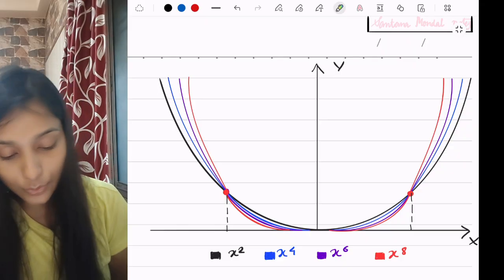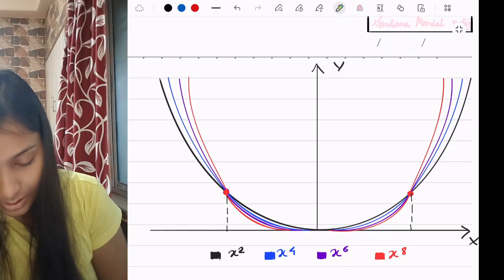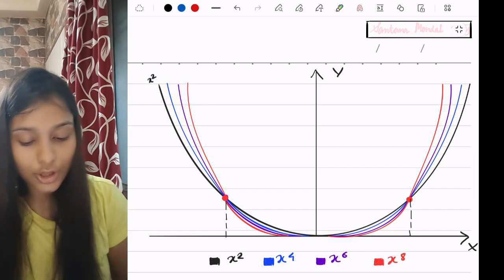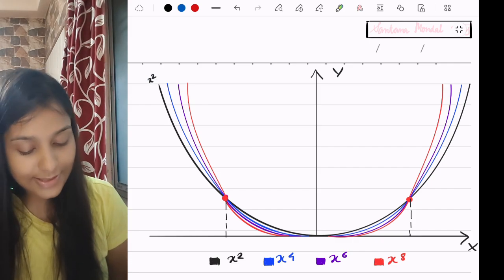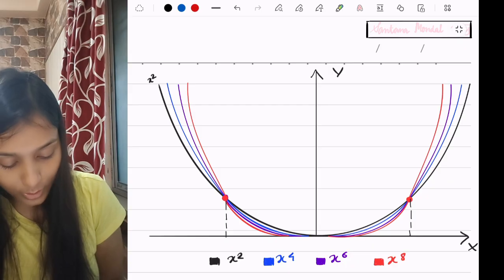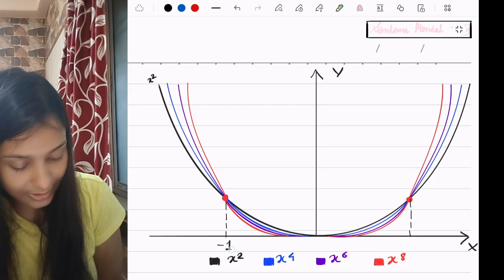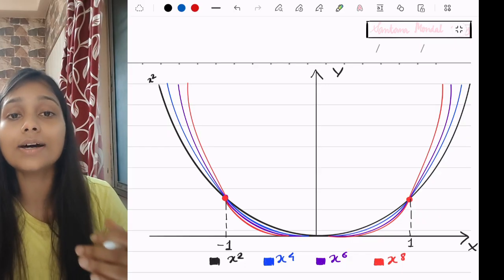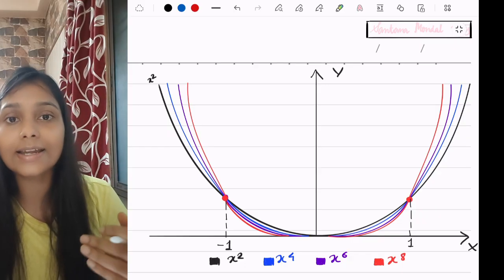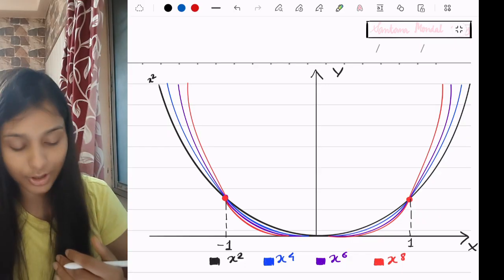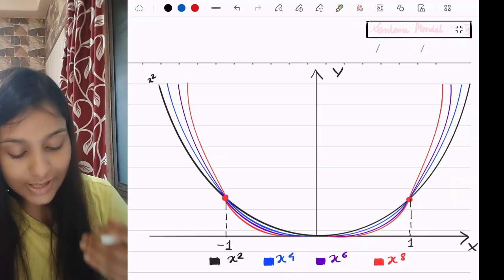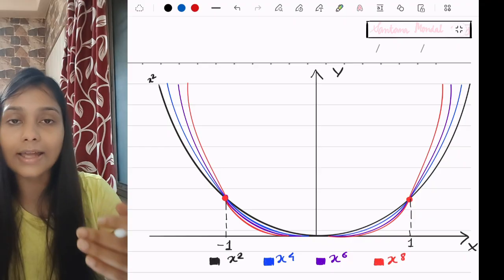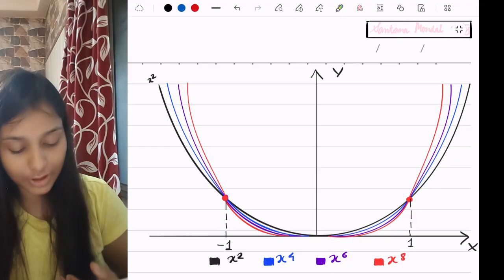Between minus 1 and 1, x square is the largest function, that is, it has more magnitude than the other functions. And as it becomes x power 4, x power 6 and x power 8 and so on, it will lie below the previous function.